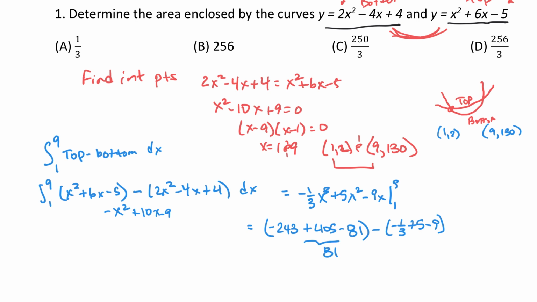This comes out to be 81 minus negative 5, so this will be plus 5, sorry. So I will end up with a 256 as my final answer, which is D.